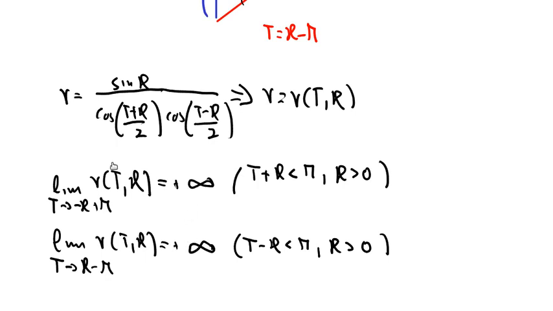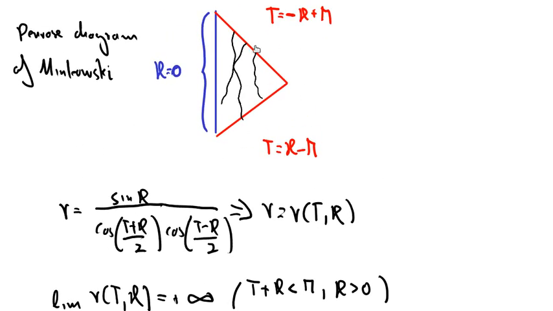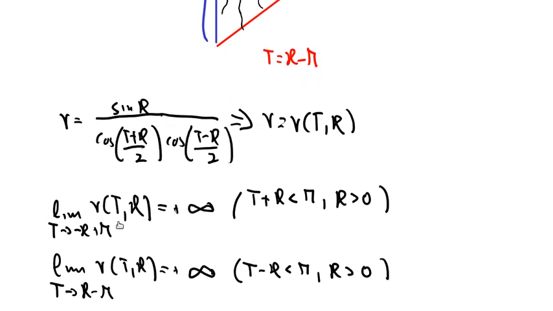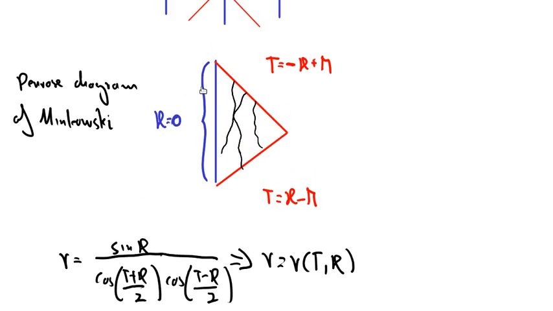So what it means is that this red boundary corresponds, in our original Minkowski spacetime, to points in which small r is infinite. So I can just write here small r equal to infinite.